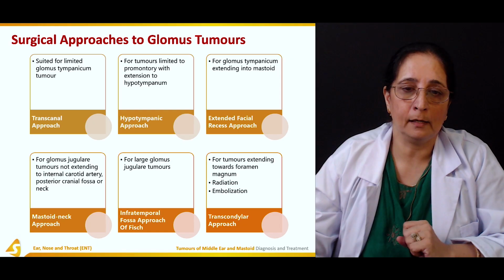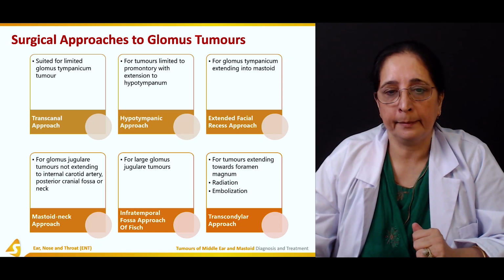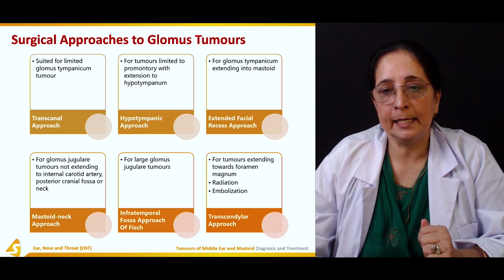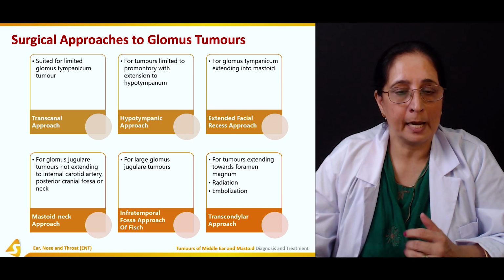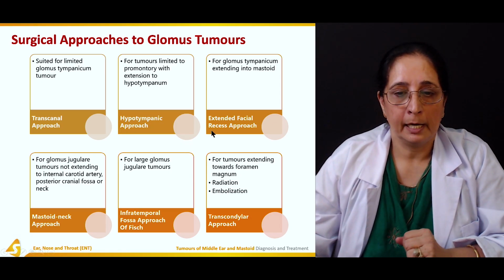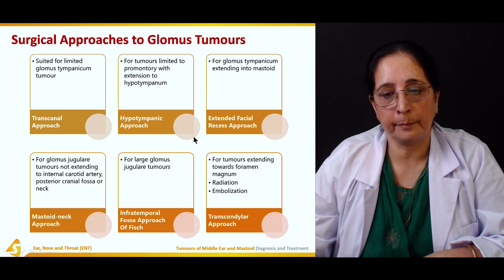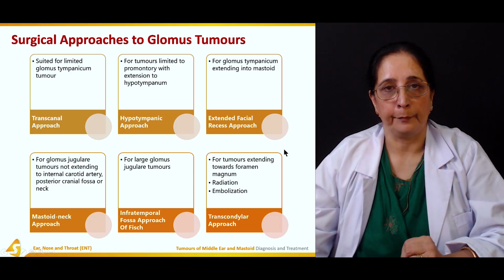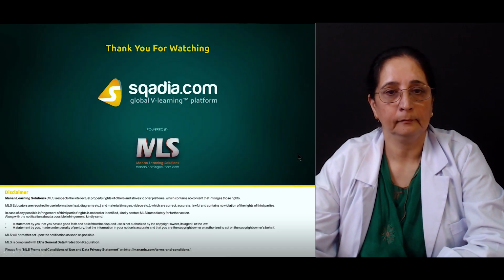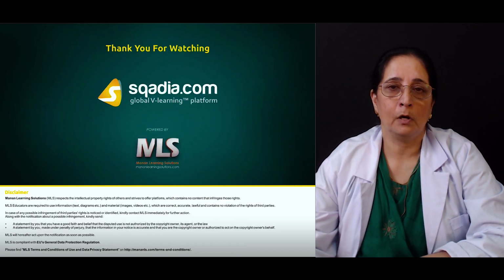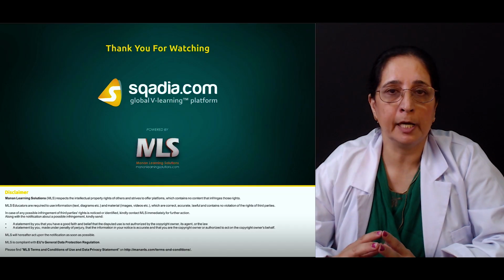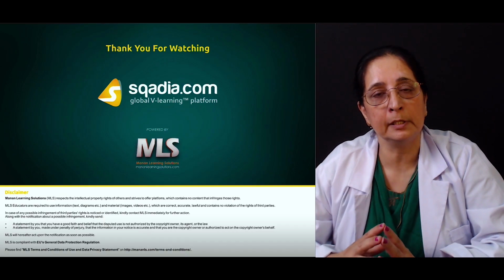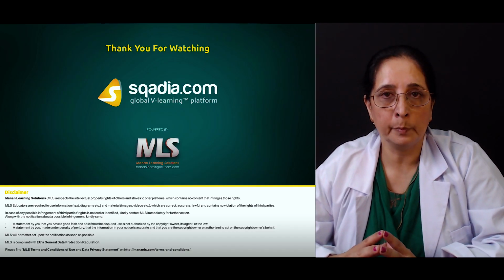So transcanal, hypotympanic, extended facial recess approach, mastoid neck approach, infratemporal fossa approach, and then we have the transcondylar approach. So that was all about the investigation and surgical approaches for the treatment of the glomus tumor.